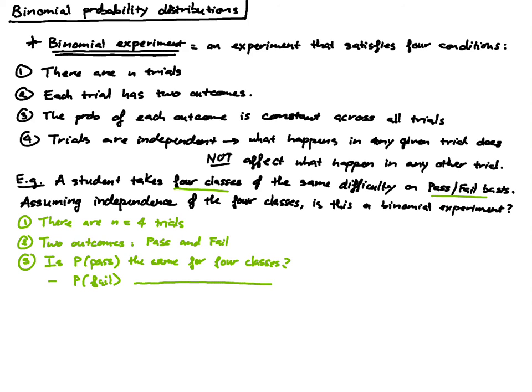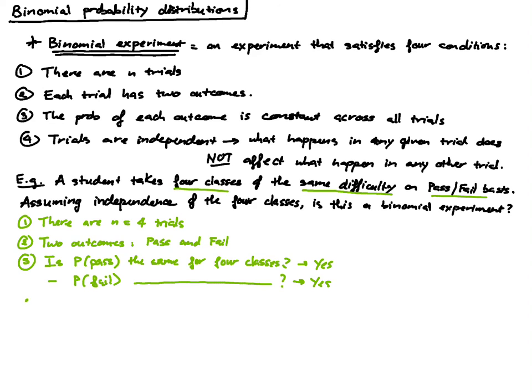And the answer to these two questions is yes and yes. Why? Because we're assuming that the classes are of the same difficulty. So you have the same probability of passing the first course or second course, and so on and so forth.